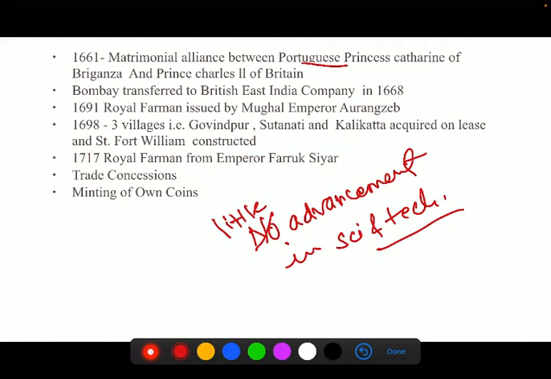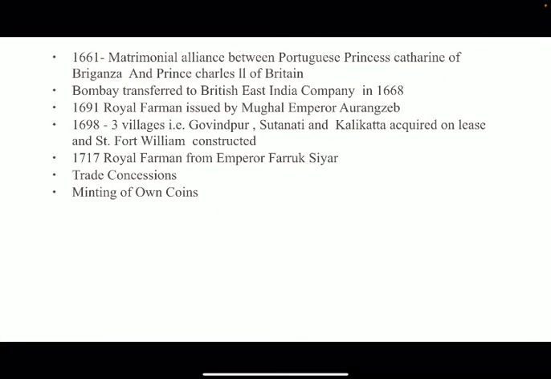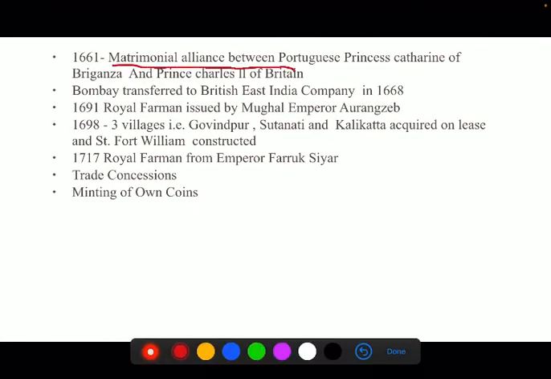So they decided to surrender, and in 1661 they even established a matrimonial alliance with the British. What happened? Portuguese Princess Catherine of Braganza and Prince Charles II of Britain got married. The Portuguese were having control of Bombay, which was transferred to the British East India Company in 1668.